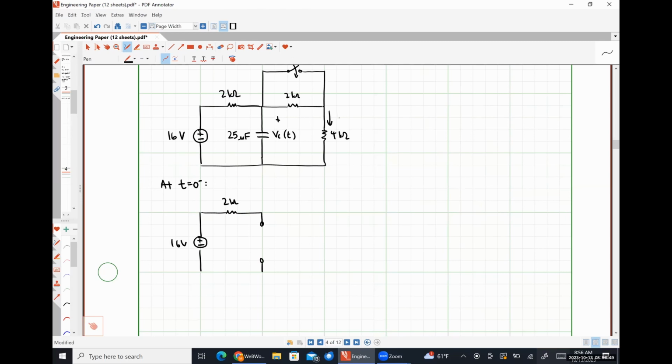And let's find this current IR of t as well. This is going to be Vc at 0 minus. Our switch is open at t is equal to 0 minus, so I'm not drawing that top open circuited path.